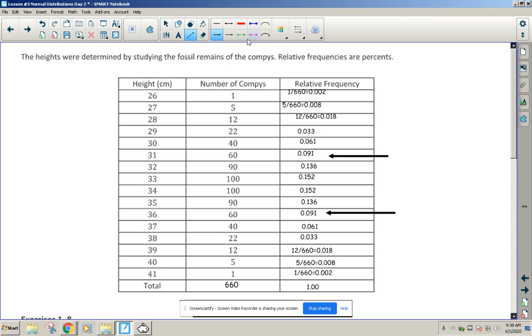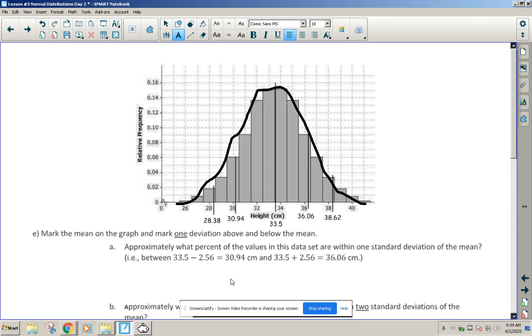So if I add up all of these numbers in between these two parts, I actually get 0.758 when I add up all these relative frequencies. So if that adds up to 0.758, the answer here on this page would then be 75.8%. So sorry that we have to flip back and forth.